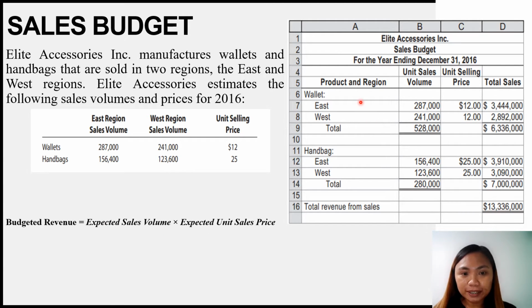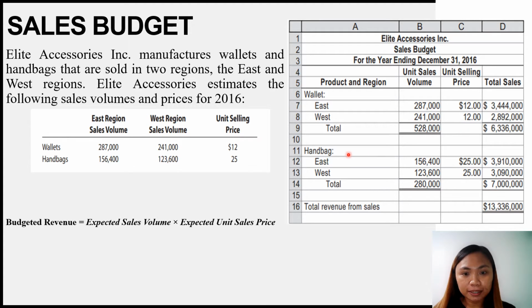So for the wallet, it has an estimated sales volume of 287,000 in the East region and 241,000 in the West region. So a total of 528,000 sales volume. Multiply that with the expected unit sales price of 12. So the total sales for the wallet is 6,336,000.